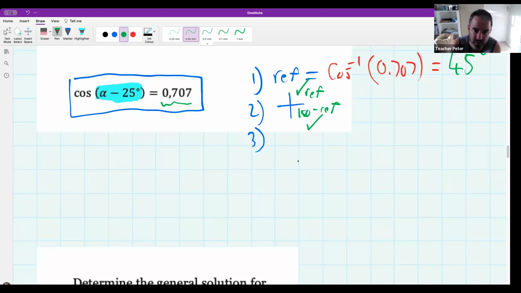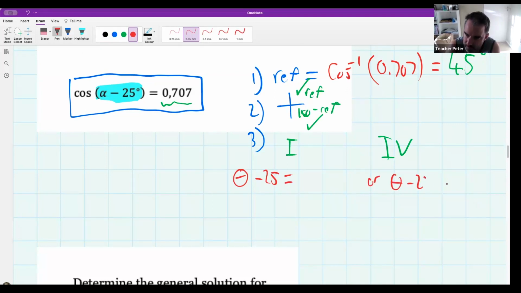And what I'm going to do is I'm even going to write it out in the proper formal way. Now, here is what's different, and maybe you can see this coming. Down here is that theta minus 25 equals something, or theta minus 25 equals something else.